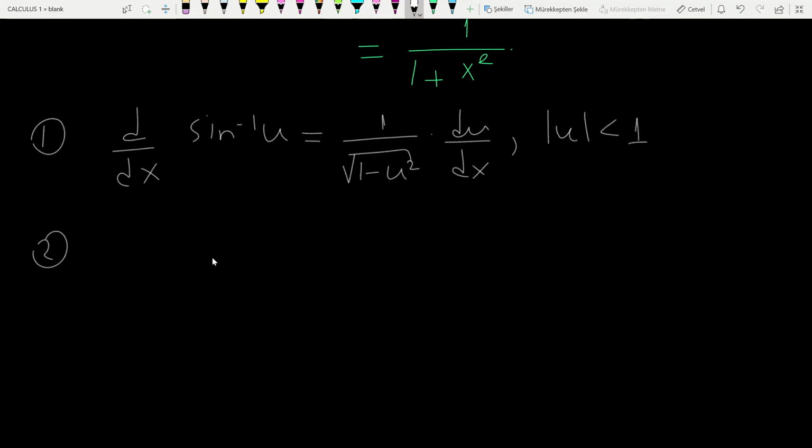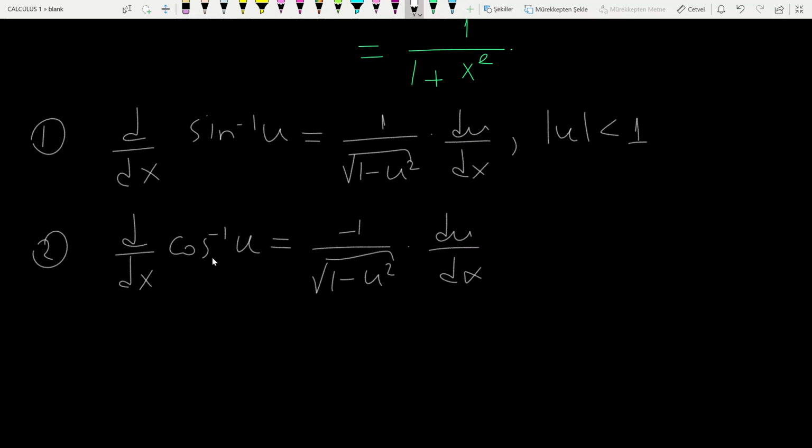The second one, the derivative of arc cosine u. U is a function of x. It is the formula. Again, the absolute value of u must be smaller than 1.